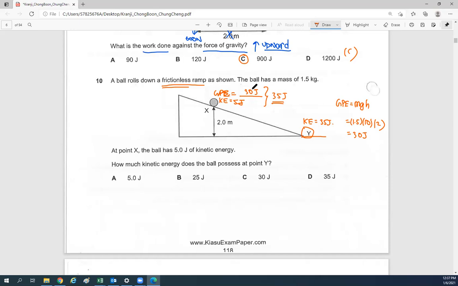Conservation of energy tells us that GPE will be converted to kinetic energy. That's why all the 30 joules is now converted to Ke at the bottom. So the total is actually equal to the kinetic energy here. So the answer is 35. Answer is D.